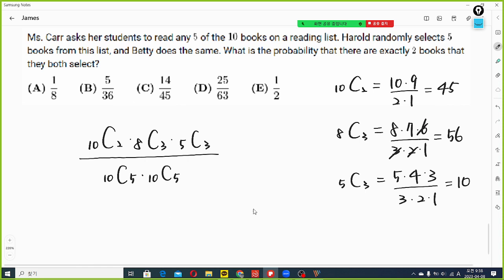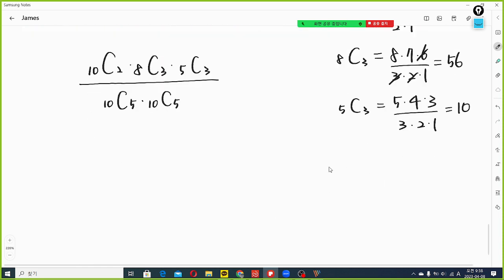And for 10C5, multiply 5 numbers starting from 10, and it's divided by 5 factorial.